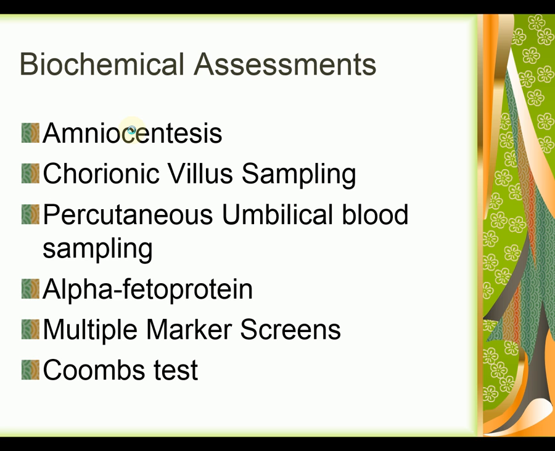Alpha fetoprotein is the one we talked about that they do at about 16 weeks. Usually around 16 weeks is the best time. 16 to 18 weeks are the ideal times. If the alpha fetoprotein is high, then you are going to see what?